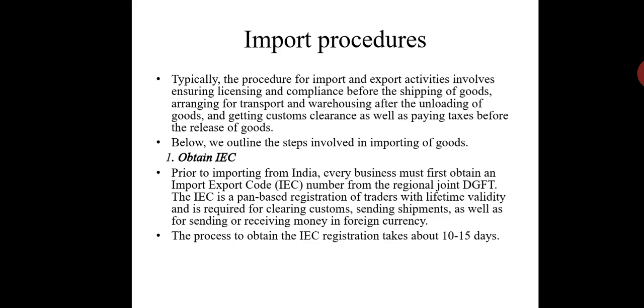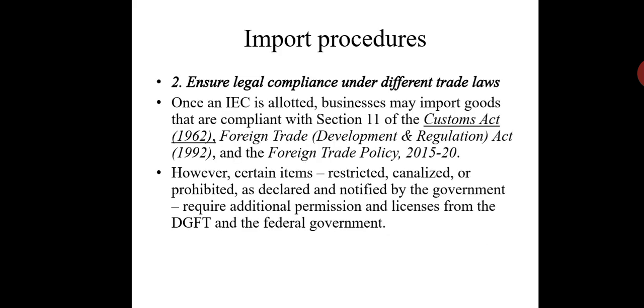So the first and most important step is obtaining the IEC number. Next is ensuring legal compliances under different trade laws. Once IEC is allotted, a business may import goods that are compliant with Section 11 of the Customs Act 1962, the Foreign Trade (Development and Regulation) Act 1992, and the Foreign Trade Policy 2015-20.